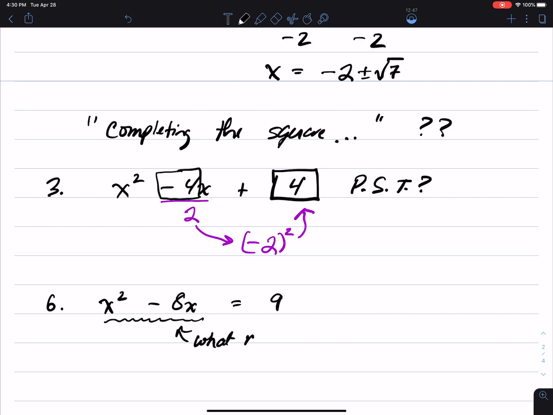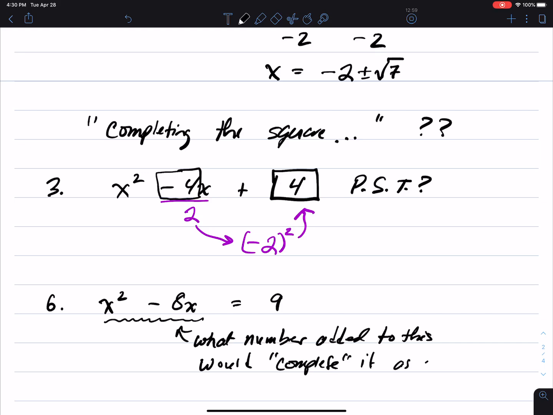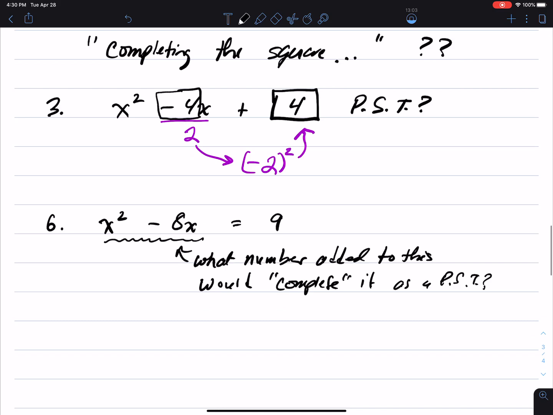What number added to this would complete it as a PST, a perfect square trinomial? Forgive the messy handwriting, but hopefully you get the gist of it. What number would complete that? So let's go through the steps.